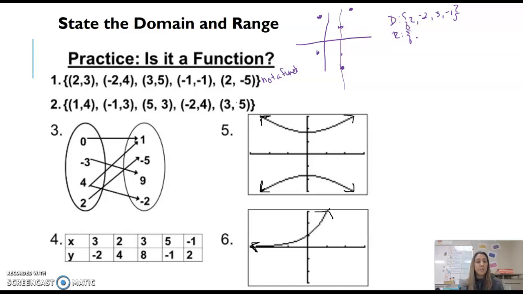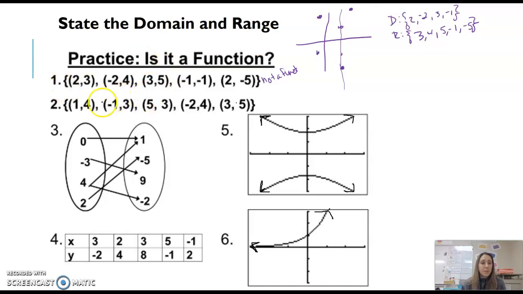You want to use that roster notation. Remember, if I give it to you in curly brackets, give it back to me in curly brackets. If it's just points, curly brackets, because we've got to list it because they're not connected. And so then we would just list all the y values. So 3, 4, 5, -1, -5. So none of those are repeated. And we have those on there.